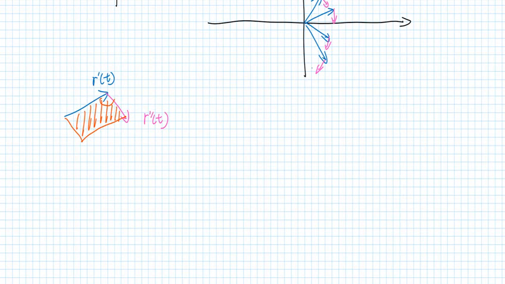Since only the direction of r'(t) will affect the curvature, we don't need to care too much about their lengths. To make it clearer, I will change r'(t) and r''(t) into unit vectors. So the unit vector of r'(t) is this one.